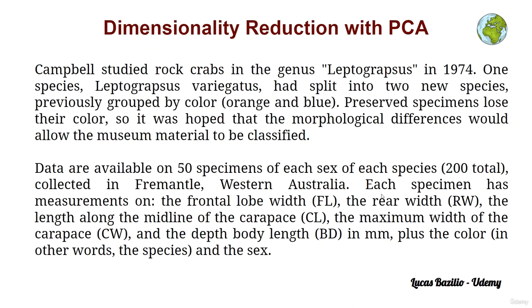Each specimen has measurements on the frontal lobe width, abbreviated FL, then the rear width, abbreviated RW, the length along the midline of the carapace, abbreviated CL, the maximum width of the carapace, CW, and the body depth, BD, in millimeters.